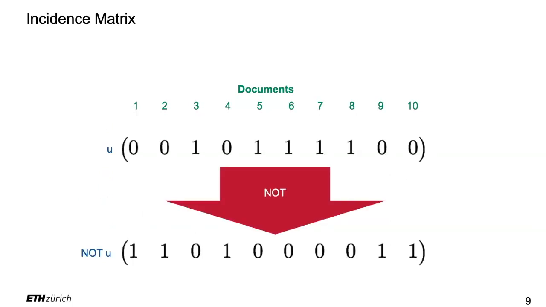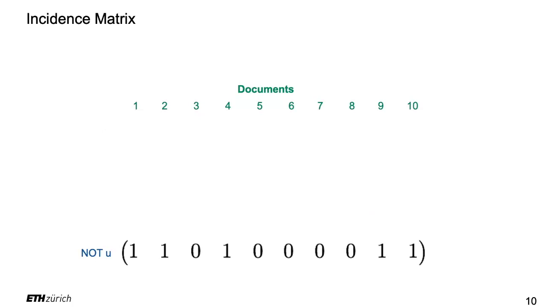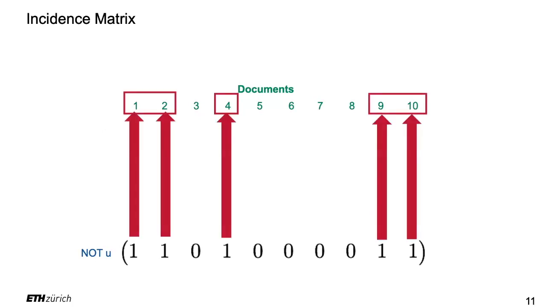Or another way to look at it is that you take the row as a vector of Booleans, and then you do a bitwise NOT on the Booleans, and then you swap the zeros and ones, and now you have NOT U. And that gives you the documents that you are looking for.